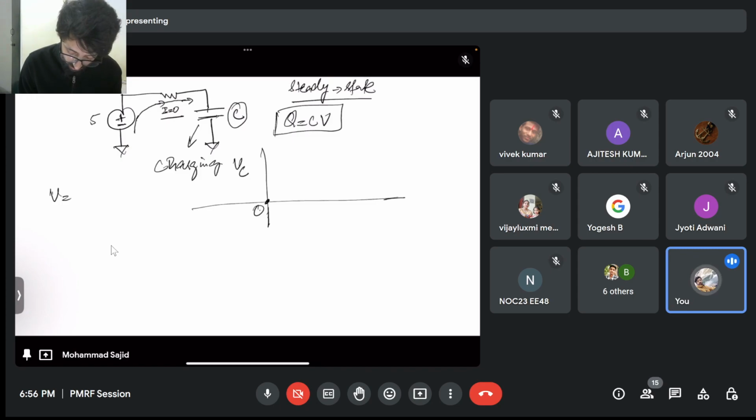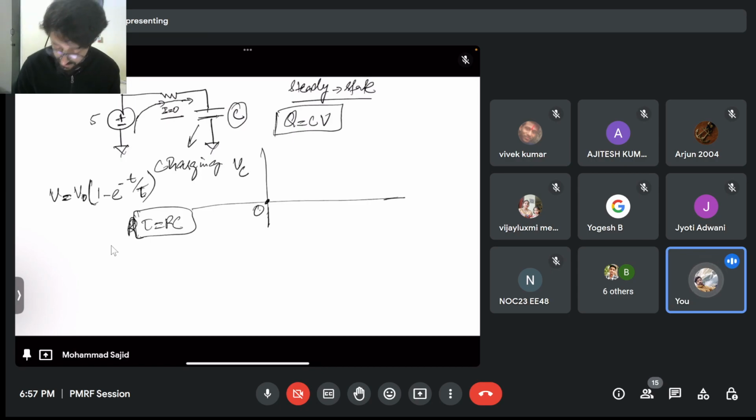You may have seen, let me just write a formula for the capacitor. It's something like 1 minus an exponential relation, with t by tau, where tau is the time constant, equal to RC. We don't need to go into detail on this; we may have some information in the next few lectures.